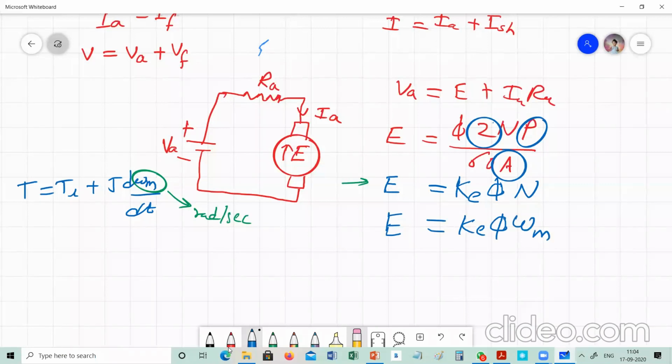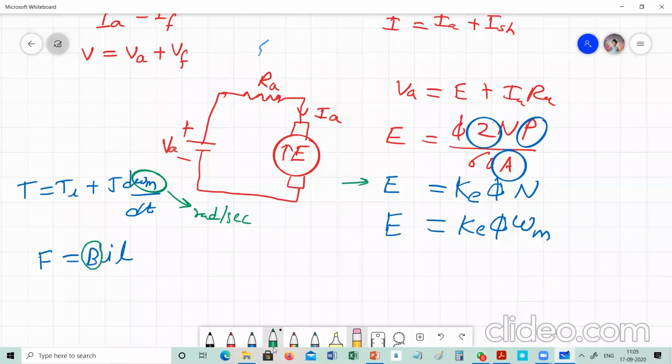Similarly, we know that the DC motor is an electromagnetic machine. Its working is dependent on electromagnetic induction, and according to electromagnetic induction, the force exerted on the conductors of the armature is given by F is equal to BIL, where the B part denotes the magnetic flux density.